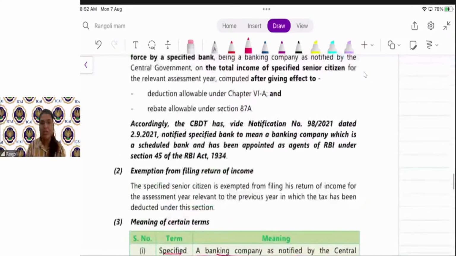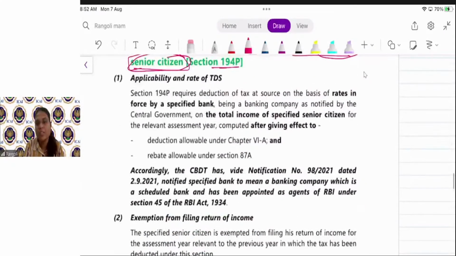Now, to avoid hardship to the specified senior citizen, whose age is more than 75 years, this provision has come into force. So what happens here, my dear friend, is that the specified individual will inform the bank that you need to deduct TDS on my entire income, so that they don't need to file return of income.